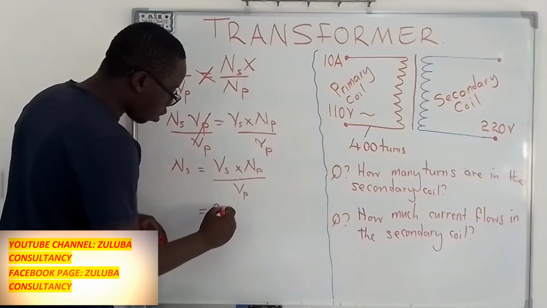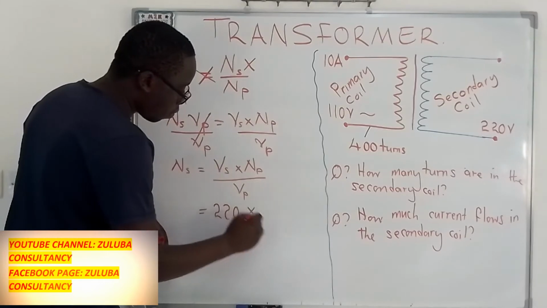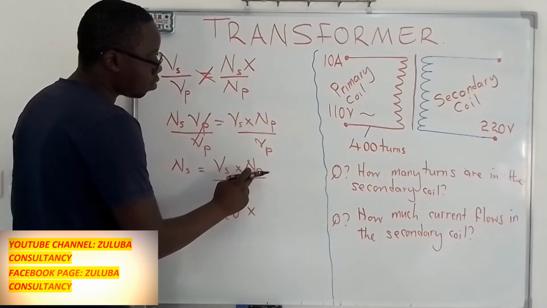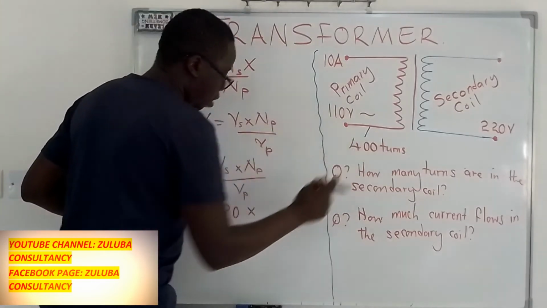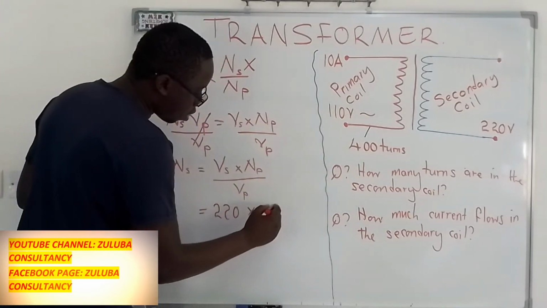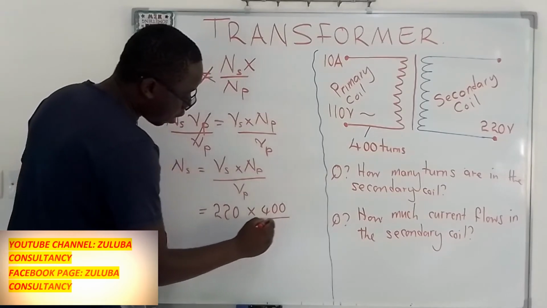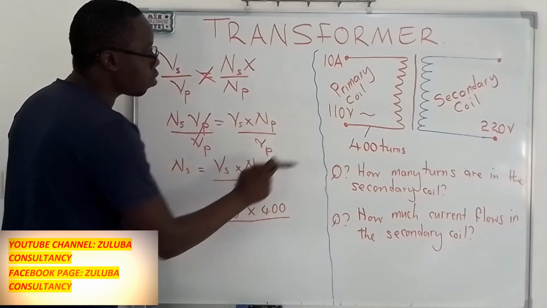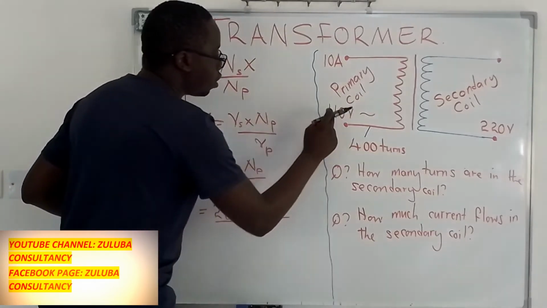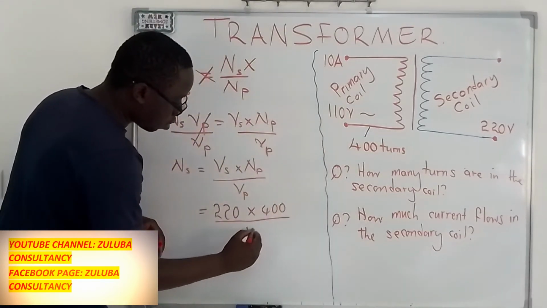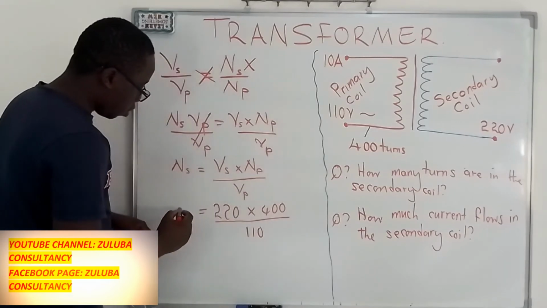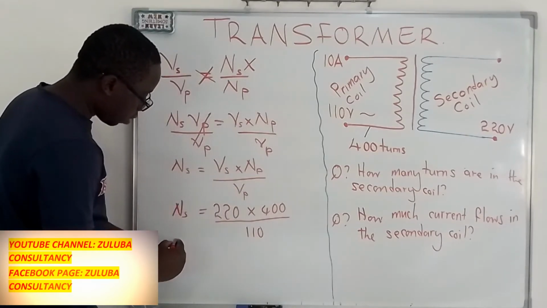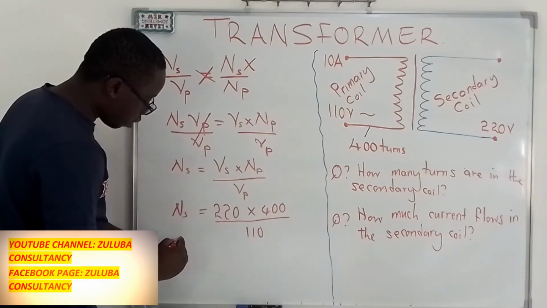So 220 multiplied by the number of turns in the primary, which is 400, divided by the voltage in the primary, which is 110. This should give us the number of turns in the secondary.